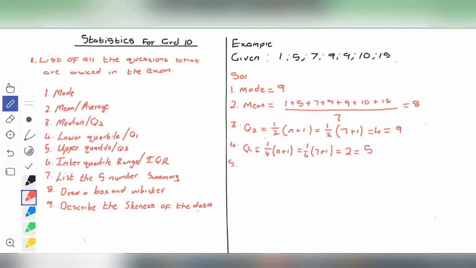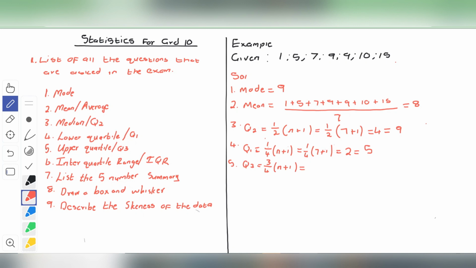So for question 5, the question will say determine the upper quartile or determine Q3. Whenever they say Q3, just know they're talking about the upper quartile. So how do you determine the upper quartile? Also the upper quartile has a formula, the formula of the navigator, which is 3 over 4 into n plus 1.